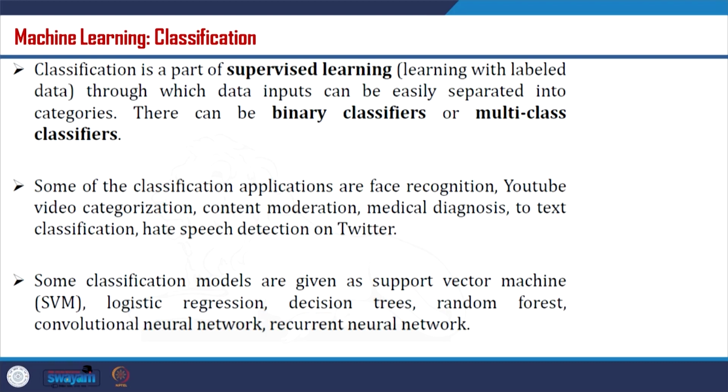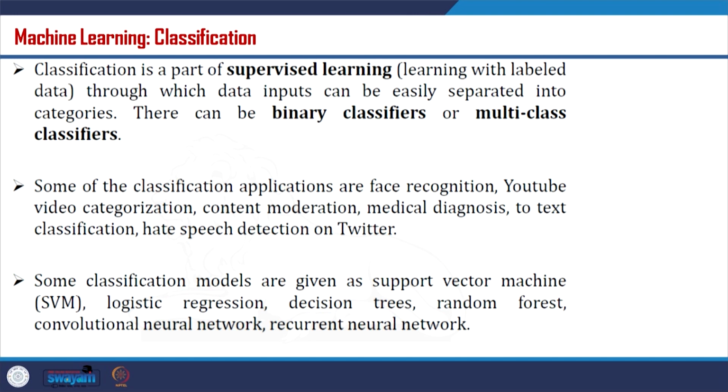Supervised learning means you have labeled data, you have class information, through which data inputs can be easily separated into different classes. There may be binary classification or multi-class classification.